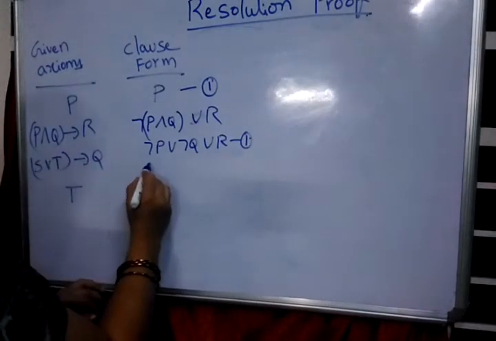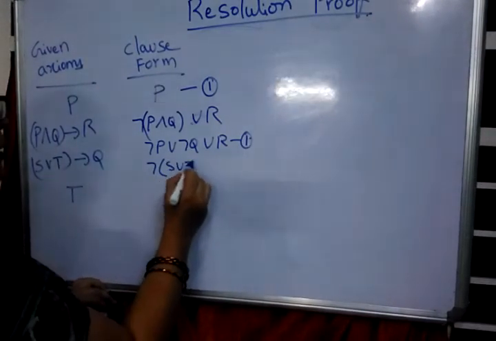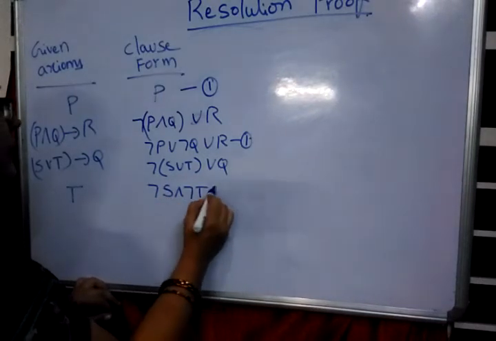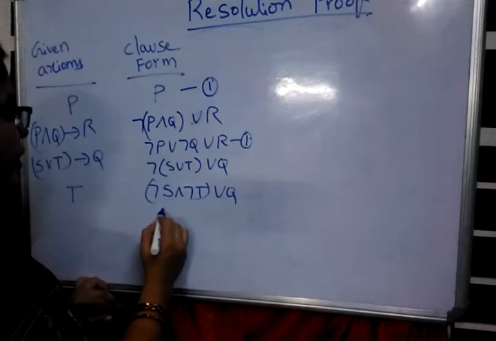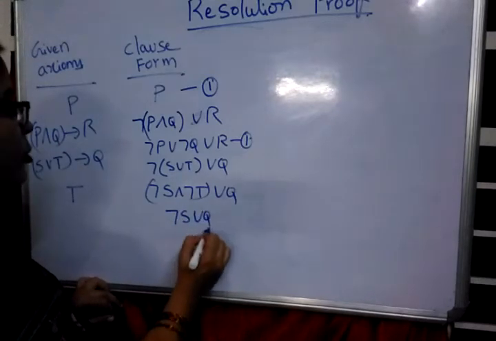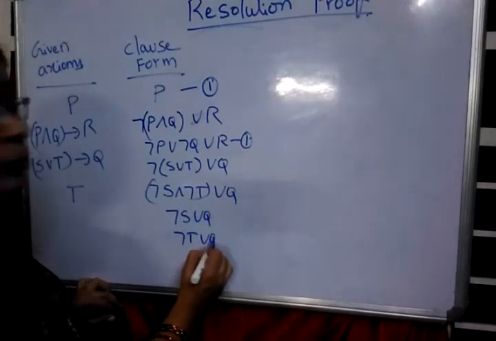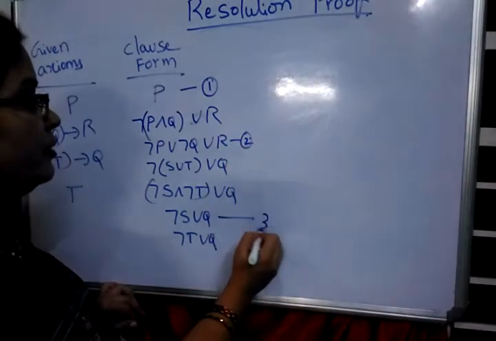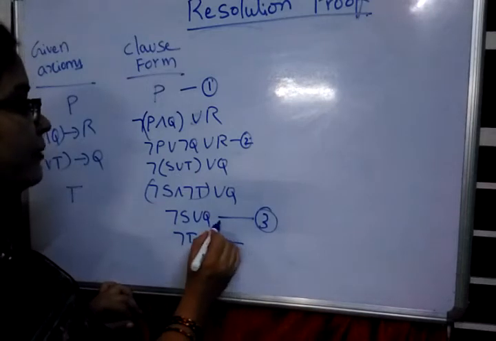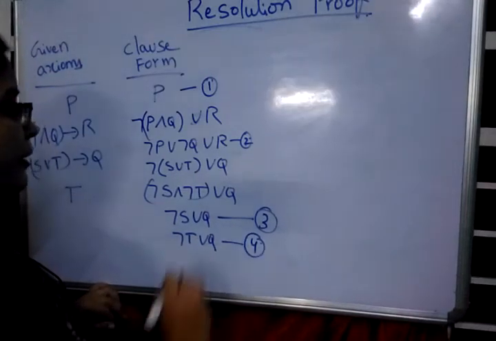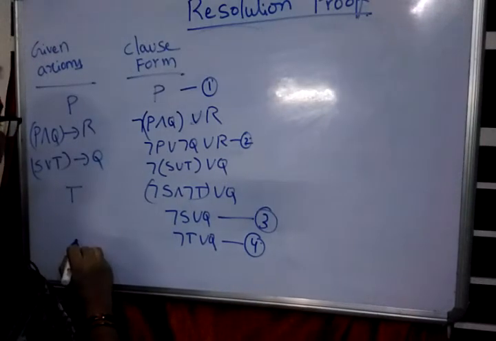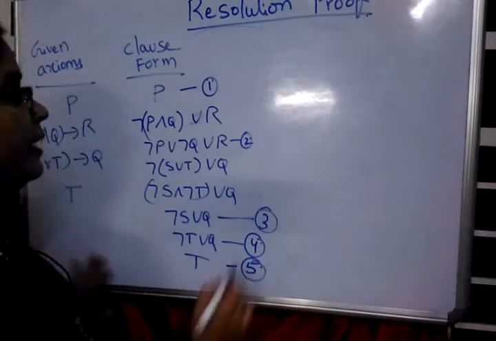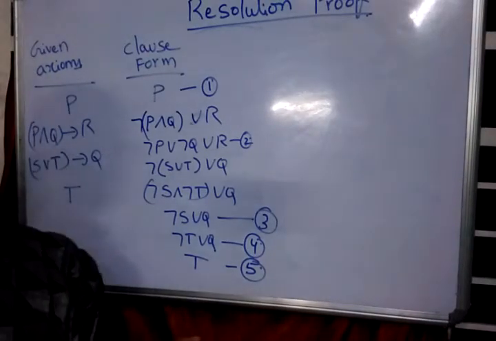Next, coming to S or T implies Q, that is negation S and negation T or Q. Finally we get negation S or Q and negation T or Q. So negation S or Q is equation number 3, and negation T or Q is equation number 4, and finally T is there. T can be represented as T itself. It is number 5. Like that we got a total of 5 equations.